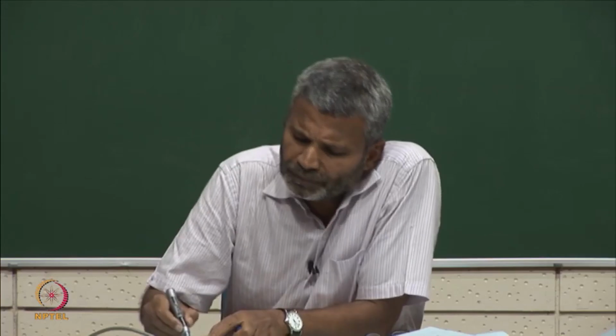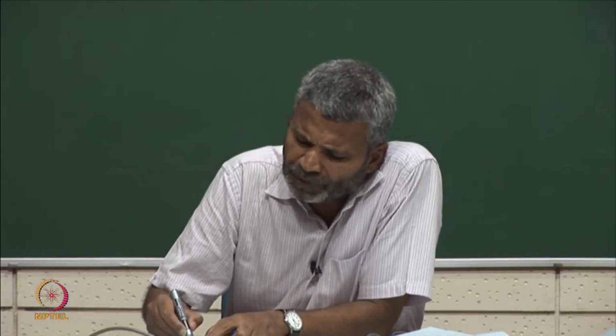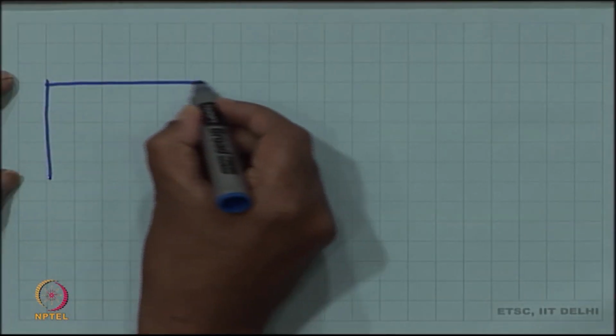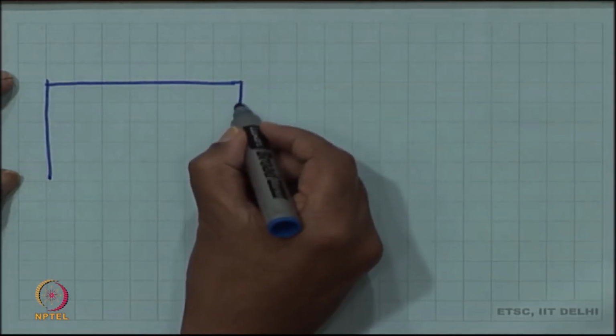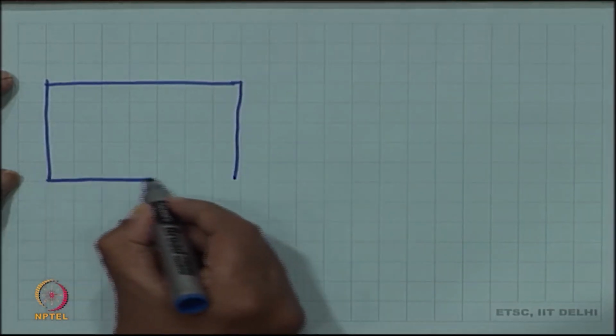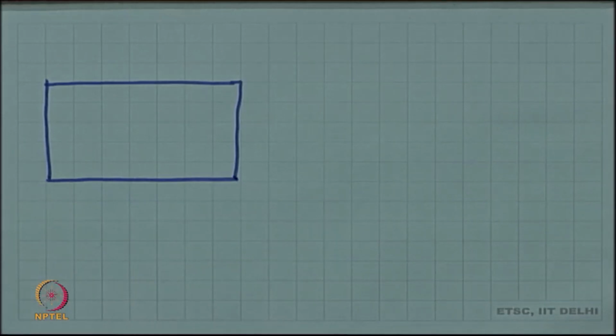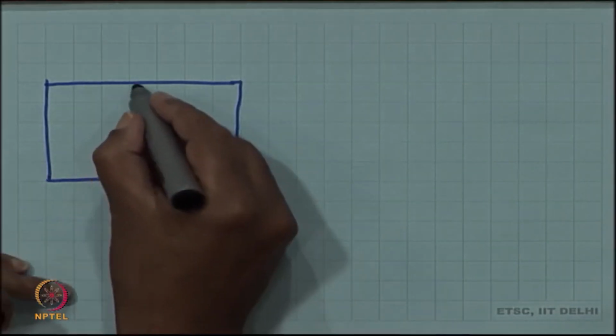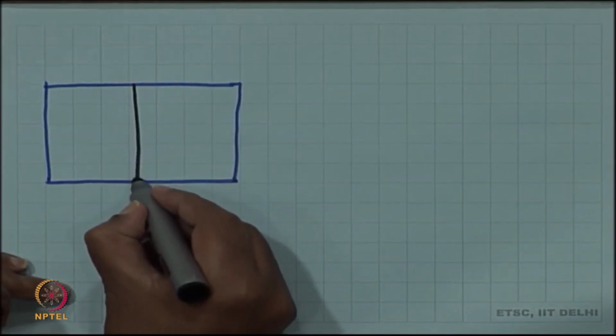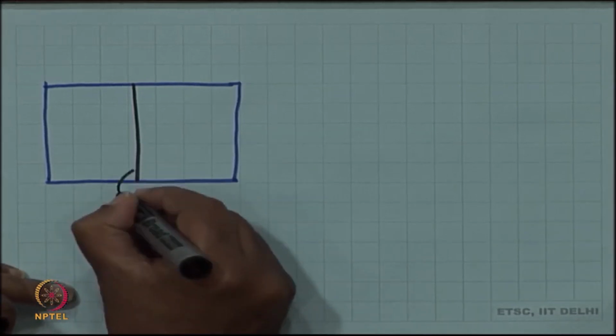I have been drawing for you many times a slip plane and dividing the slip plane into two regions, slip and no slip, by a line which becomes our dislocation line.